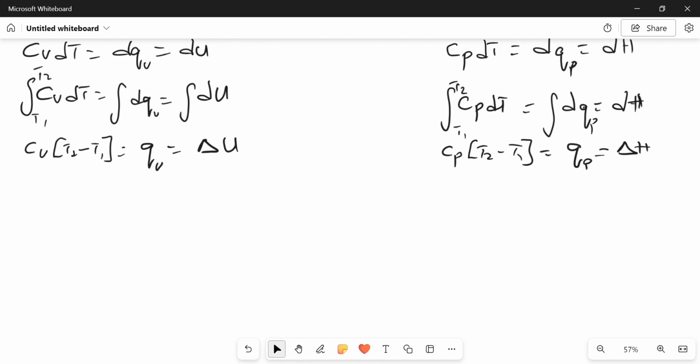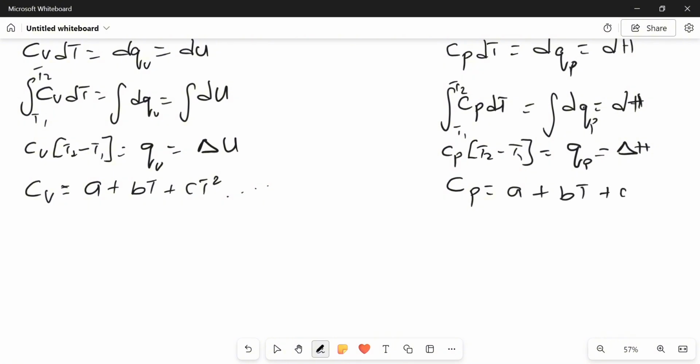But take note that sometimes we can write our CV as a function of temperature. If we're writing CV as a function of temperature, can I say CV is what? A plus BT plus CT square. In the same way, we can also write CP as a function of temperature: A plus BT plus CT square plus whatever we have.